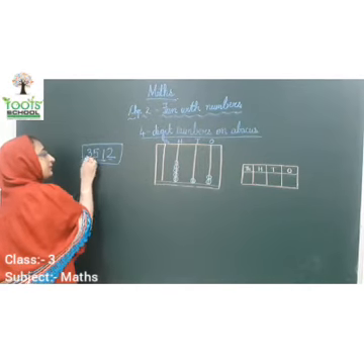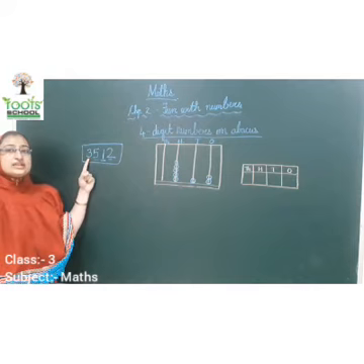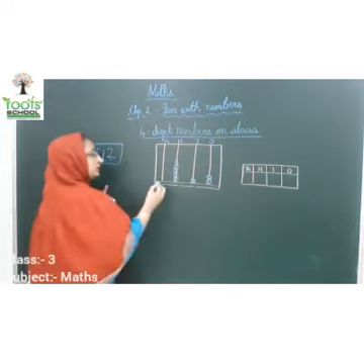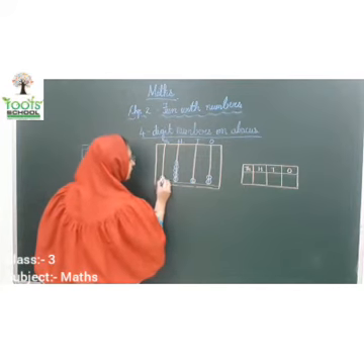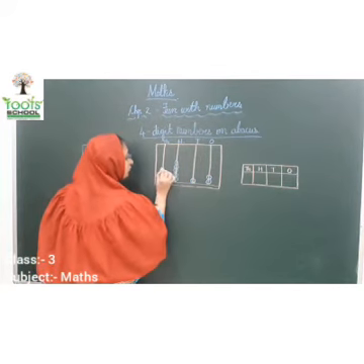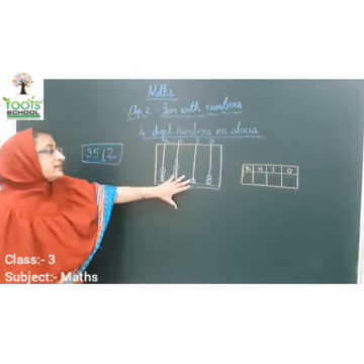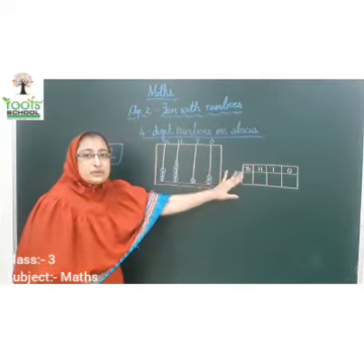Now what is the number at the place of 1000? It is 3. So we are going to draw 3 beads. 1, 2 and 3.